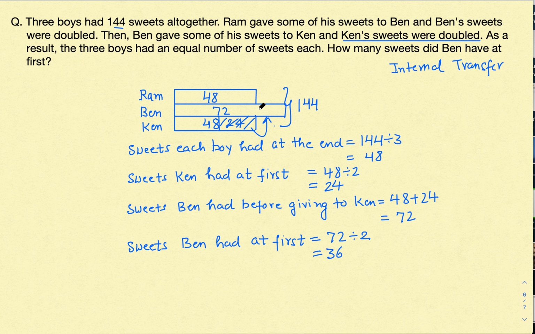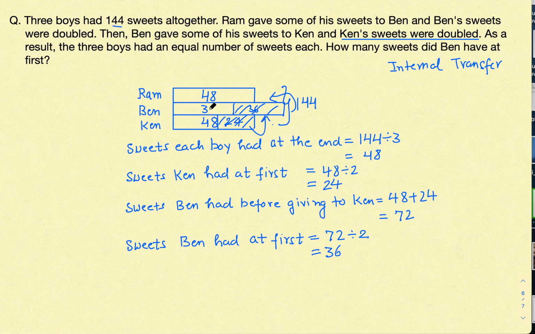That means half of this he had received from Ram, right? So this should go back to Ram, so this was not there. So how much was he having at first? Obviously only 36, right? We can remove this one also. So at first he was having only 36 sweets. So that's our answer.